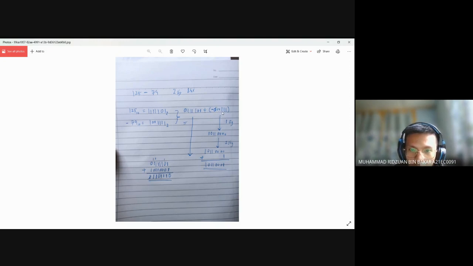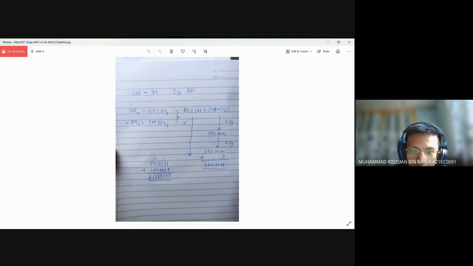And then lepas tu untuk negatif kita kena buat satu complement dulu. Bila convert satu complement kita akan dapat 10110000. And then untuk dua complement yang kedua cuma tambah 1 akan dapat 10110001.